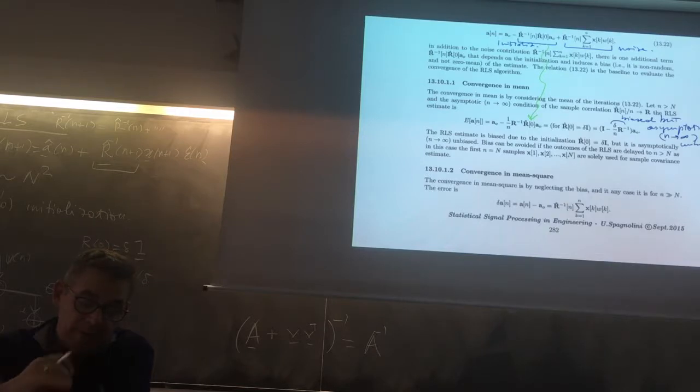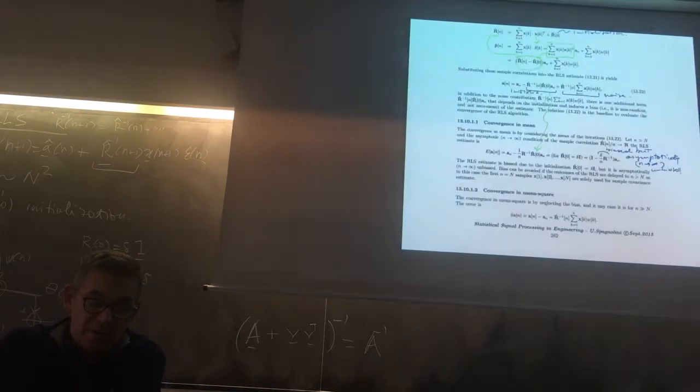So now the other way is the convergence in the mean square. For the convergence in the mean square, I need to write the difference between a_n and a_0. Since a_n is this, the difference is very simple to compute. Now let's avoid the bias, so there is another assumption.